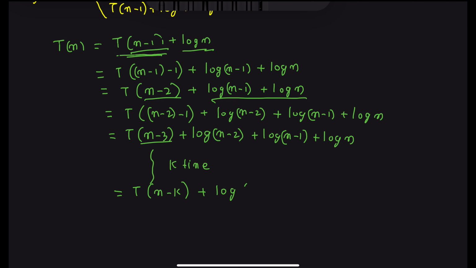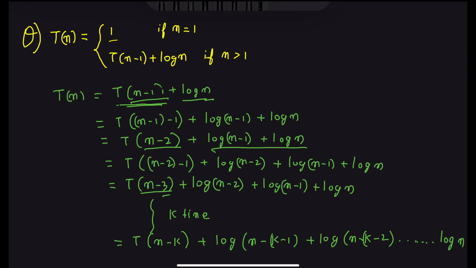It will have log(n-k+1), because here we have 3, so in the log we have 3-1, which is 2, plus log(n-k+2). This will go up to log n.